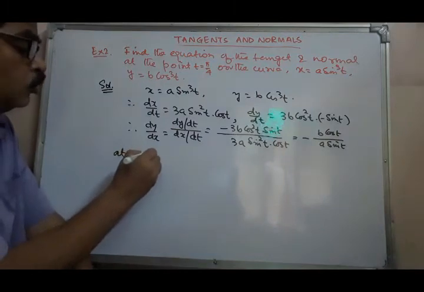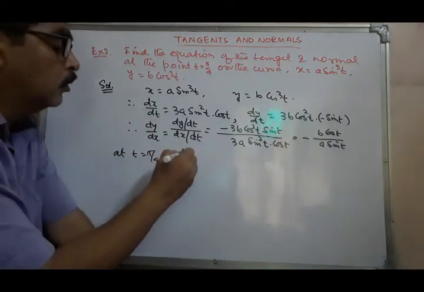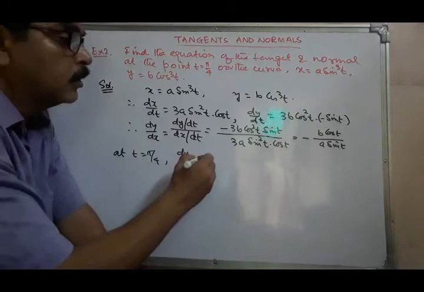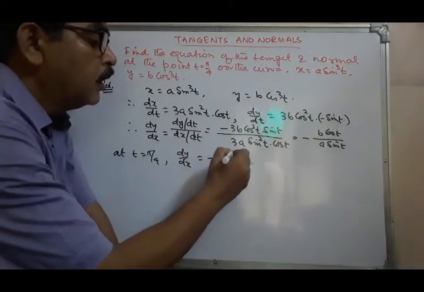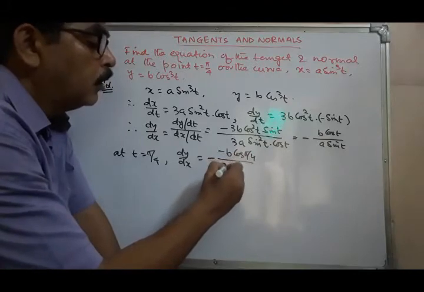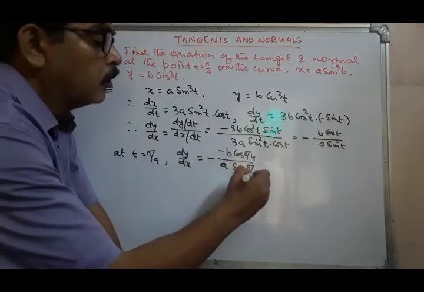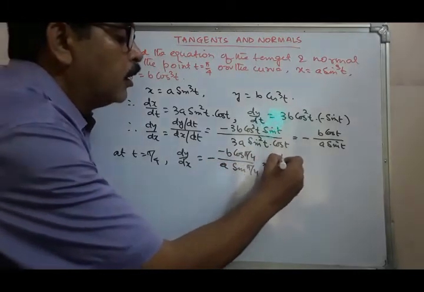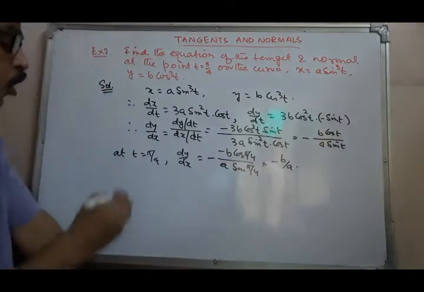At t equal to pi by 4, dy/dx equal to minus b cos pi by 4 by a sin pi by 4, that is minus b by a.